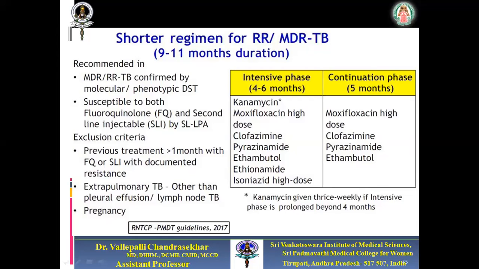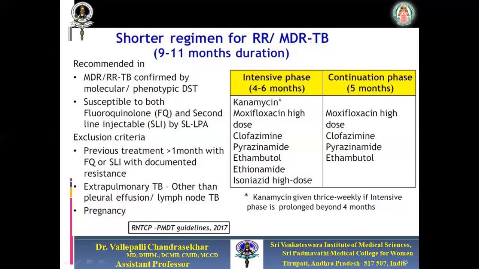So whom will we exclude from this short term regimen? Those with previous treatment of more than 1 month with fluoroquinolones or second line injectables, extrapulmonary TB cases other than pleural effusion or lymph node TB, and pregnant women. These are excluded from the shorter regimen.